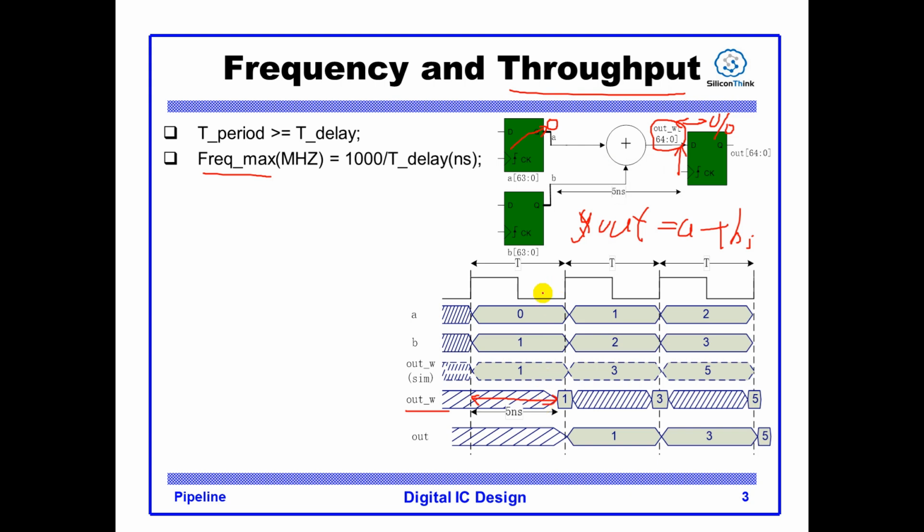So you can see if the period of the clock is less than 5 nanoseconds, such as 4.5, the rising edge is here, so for this D flip-flop, it can't capture the right data.